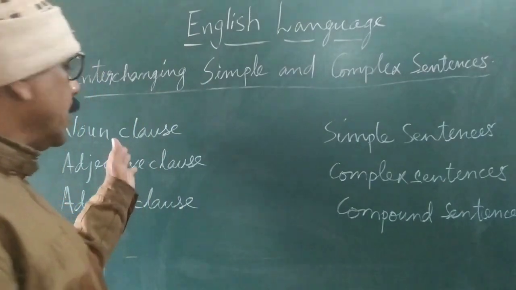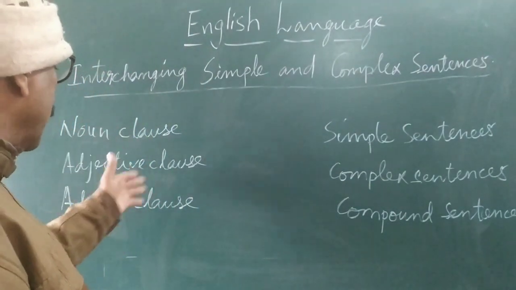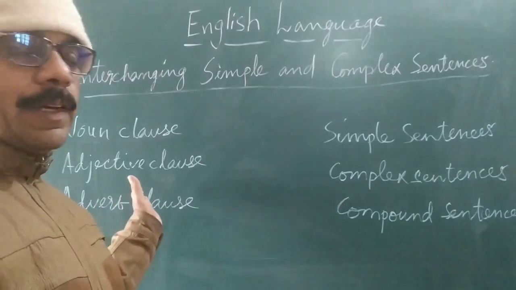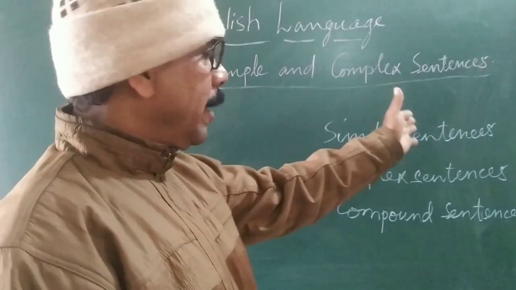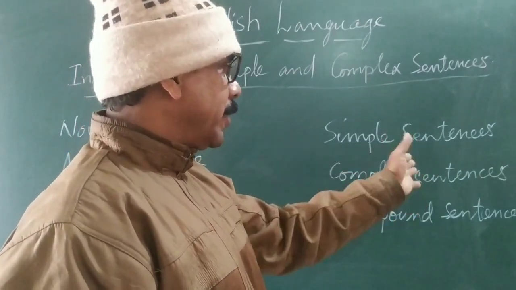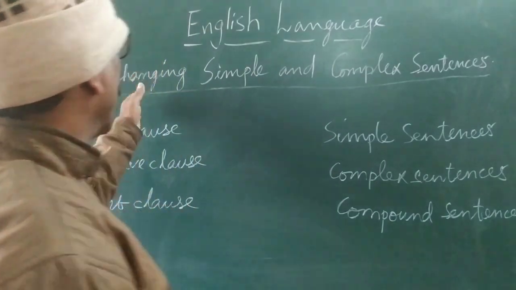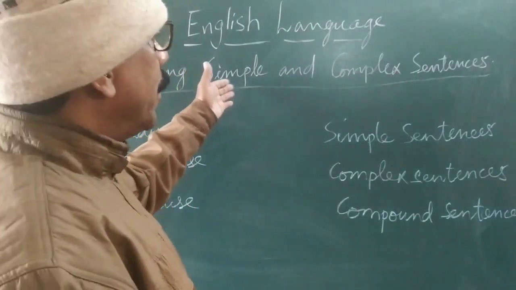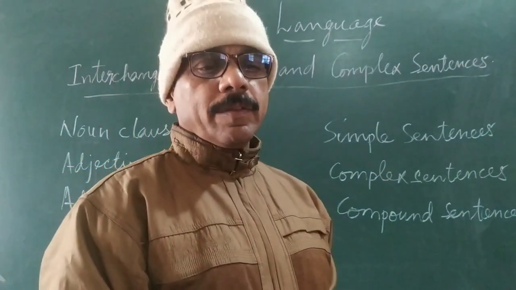So these things you have to keep in mind always. Noun clause, adjective clause, adverb clause. These are the three types of clauses we have. Then we have three kinds of sentences: simple sentences, complex sentences and compound sentences. Today we are going to look at how simple sentence can be changed into complex sentences.